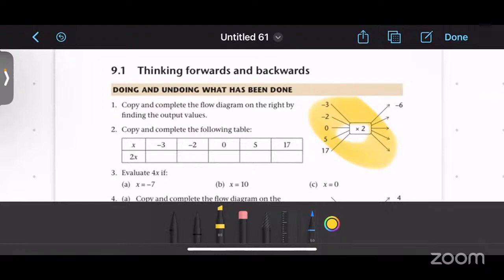So -3 multiplied by 2, we got -6. And then -2 multiplied by +2, remember, it's positive, is equal to what? How much is it?